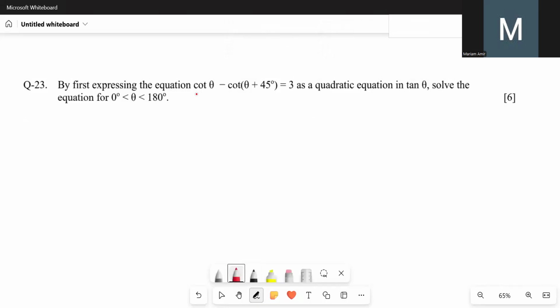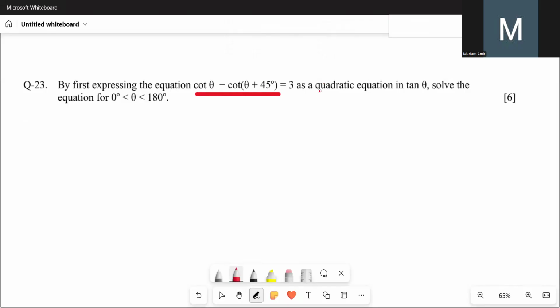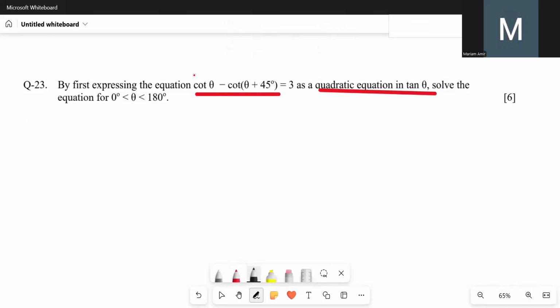So we have to write this as a quadratic equation in terms of tan theta. Okay, so first I'll write tan theta as 1 over cot theta, and cot theta plus 45 as 1 over tan theta plus 45.